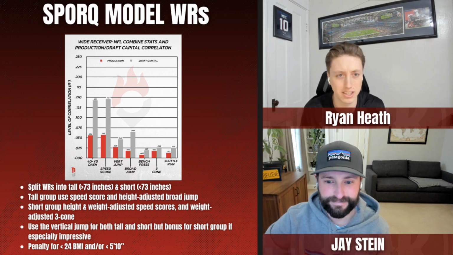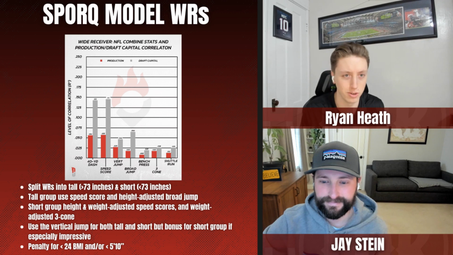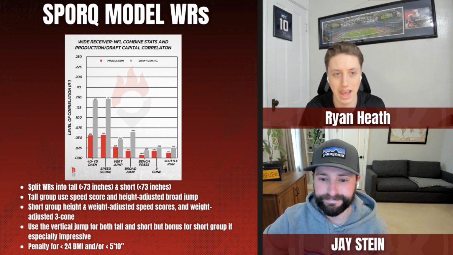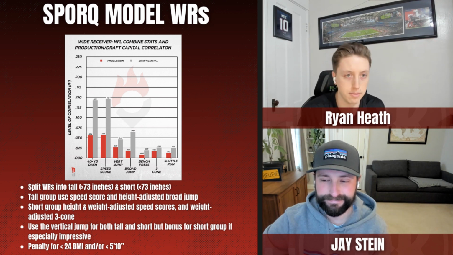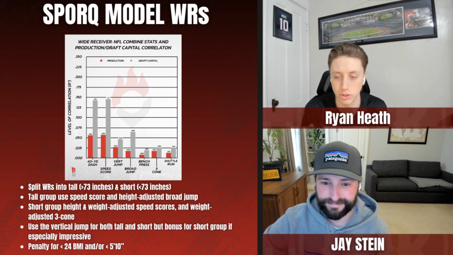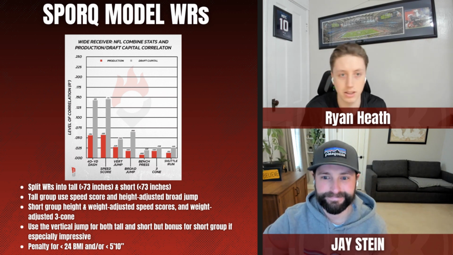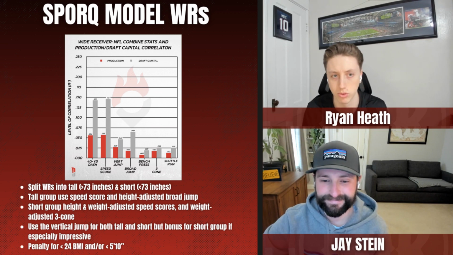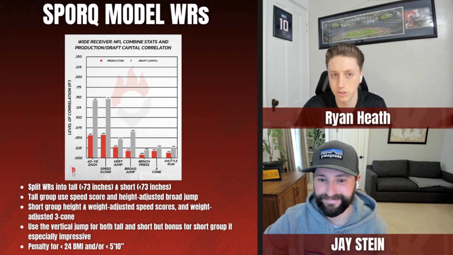Since 2000, I think it's only Devontae Smith and Jamison Williams that have 1,000-yard seasons out of 40 to 45 plus guys that have been drafted at that BMI or below. Also, receivers shorter than 5'10 generally seem to have worse hit rates and lower overall ceilings in the NFL. So those are some ways we can improve the model's predictiveness.